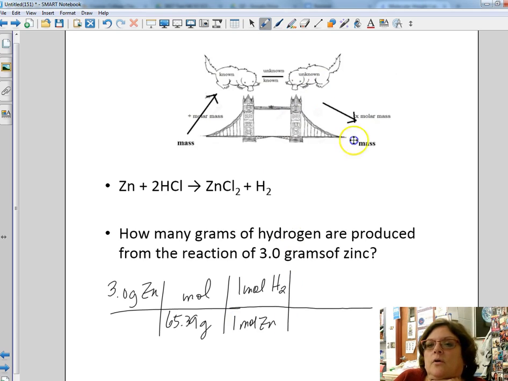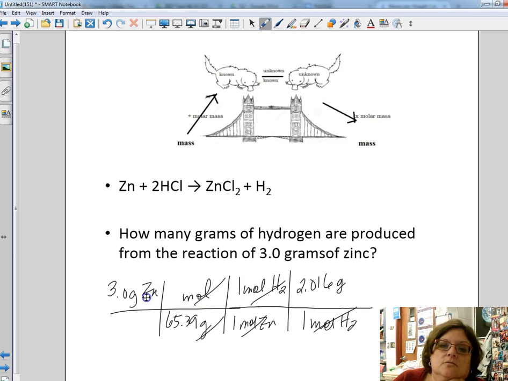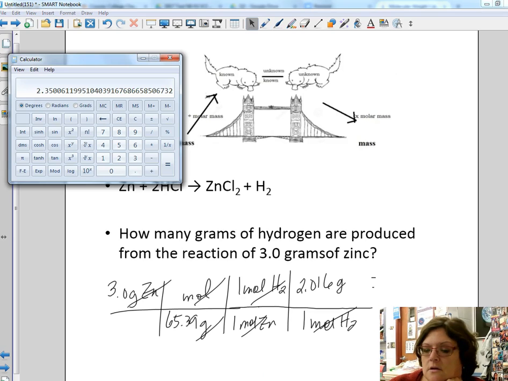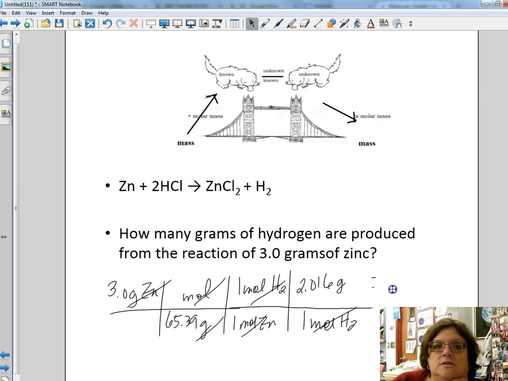Now we want to go back to mass, so we multiply by 2.016 grams in 1 mole of hydrogen. Moles of zinc cancels, grams of zinc cancels, and we get 3 times 2.016 divided by 65.39, 0.09249 grams. We want 2 significant digits, so 0.092. That 2 won't round up, so we get 0.092 grams.